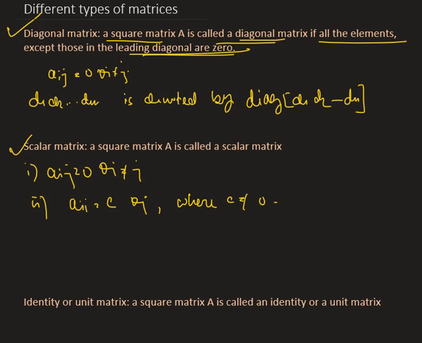In other words, a diagonal matrix in which all diagonal elements are equal is called a scalar matrix. So the scalar matrix has diagonal elements that are all equal.